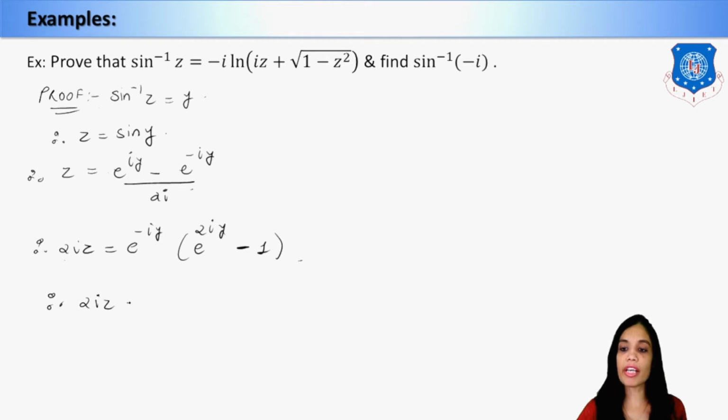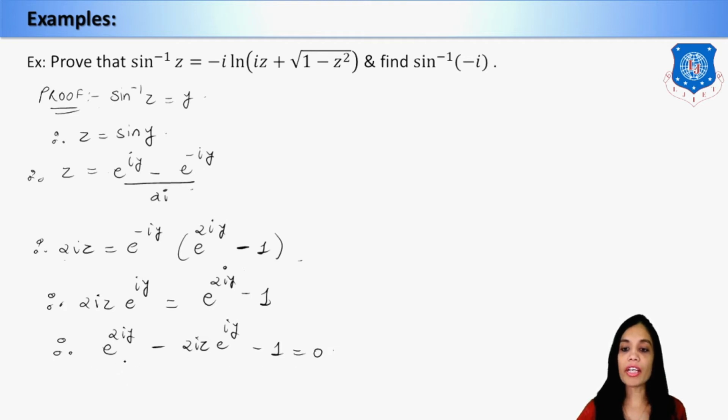So 2iz e raised to iy, if we take this on this side, it will become plus iy, right? Is equal to e raised to 2iy minus 1. Now let us take this on this side and make one equation. So this will be e raised to 2iy minus 2iz e raised to iy minus 1 is equal to 0.